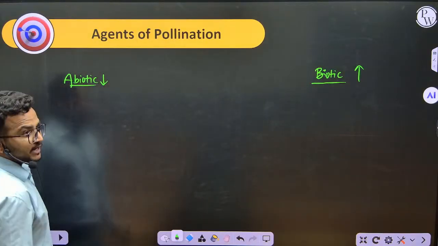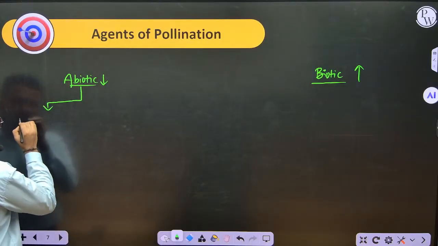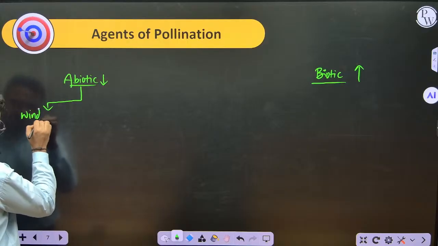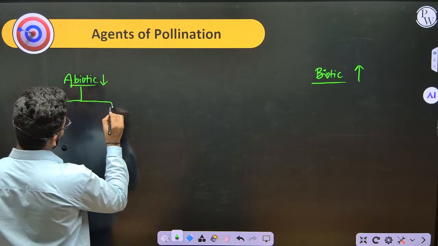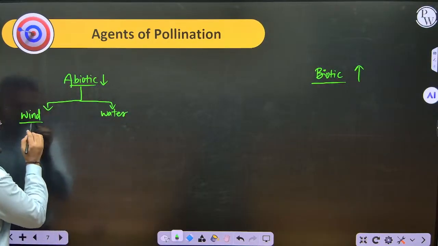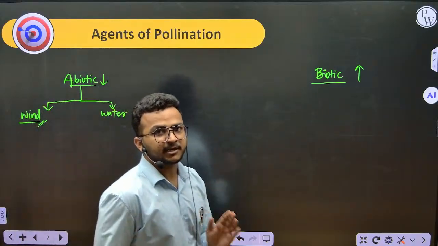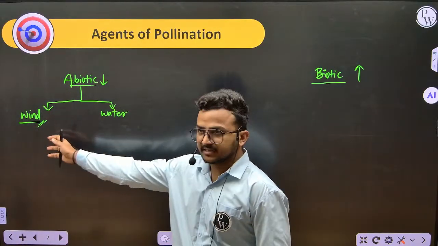In abiotic agents, two are there: wind pollinated plants and water pollination. Yesterday we completed wind pollinated plants and the features of wind pollinated plants in the last session.